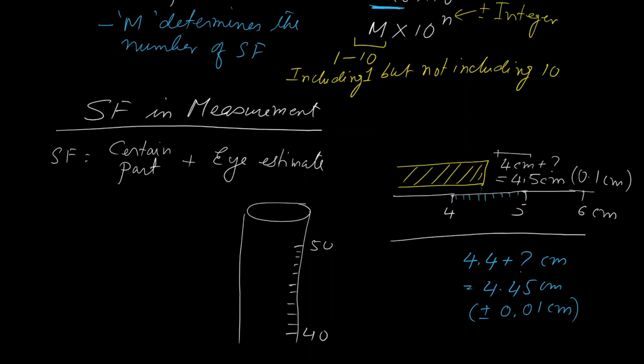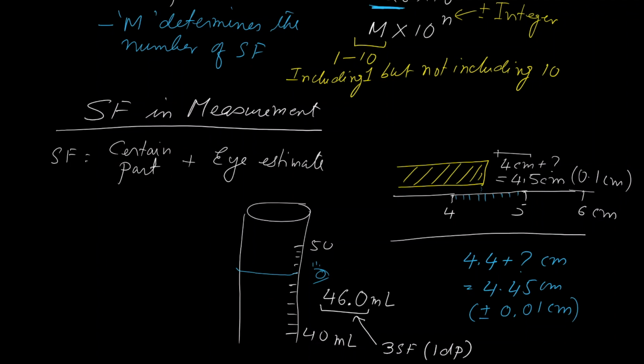Let's say the water is somewhere here, and whenever you are measuring a liquid, you place your eyes exactly at the lower meniscus, and these are in milliliters. So I can certainly read 46 milliliters, and then I make my eye estimate, which is a 0. So the total number of significant figures from this reading is 3 significant figures, with 1 decimal place of accuracy.